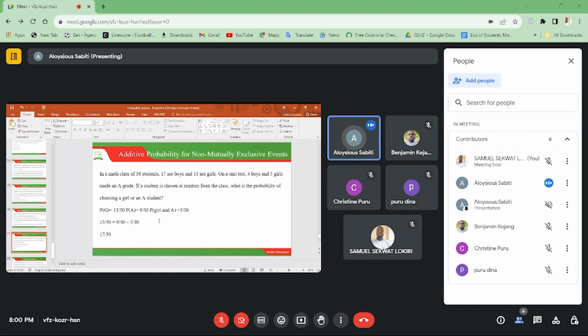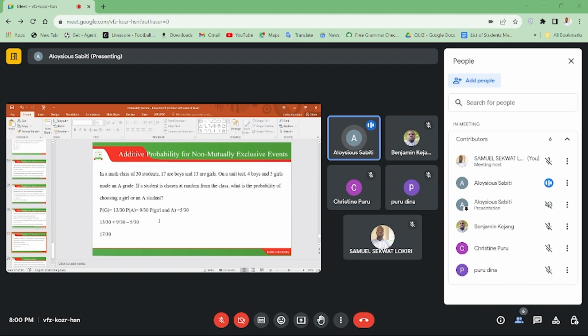The non-mutually exclusive event here is that someone can be a girl and test positive, but the person can also be a male and still test positive. Those are two possible outcomes that can occur.